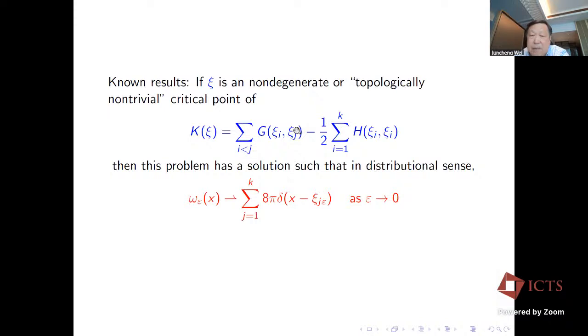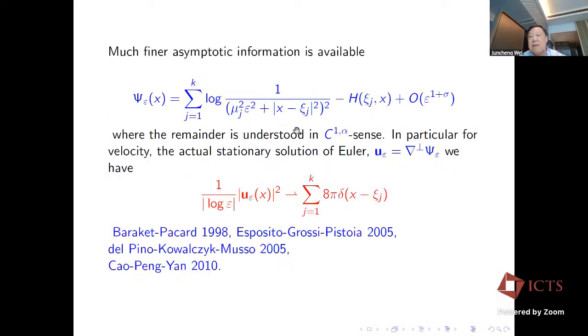And this has been done in many elliptic papers, with e to the u by Brezis, Merle, Baraket, Pacard, Grossi, Pistoia, Del Pino, Kowalczyk and Musso, and with u minus 1 to the p by Cao and many people.